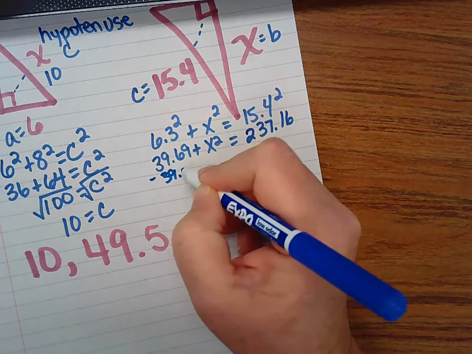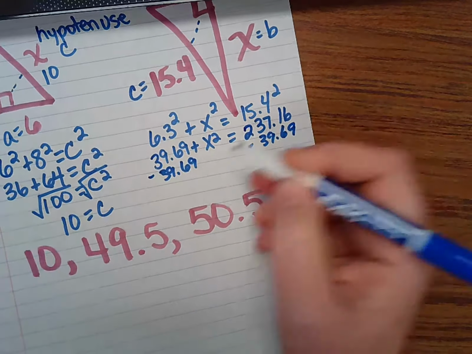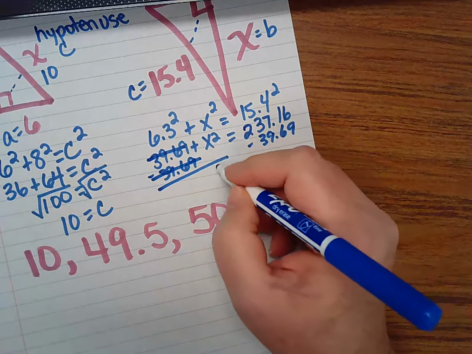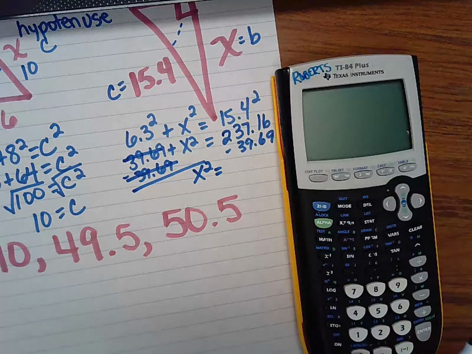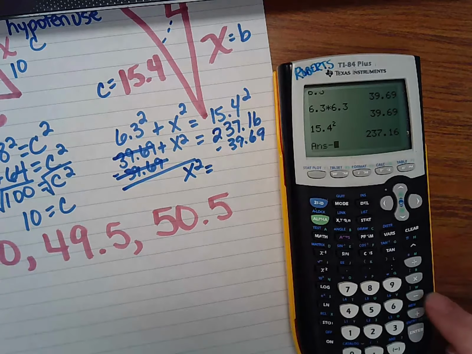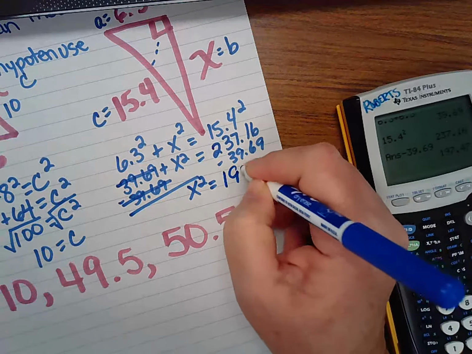So I subtract 39.69 from both sides. These cancel, and I have x squared equals, and I'm going to pull my calculator back out, 237.16 minus 39.69 is 197.47.